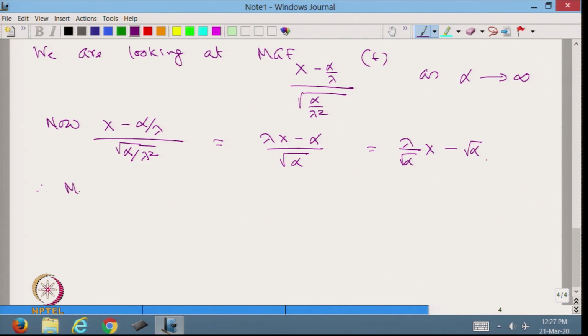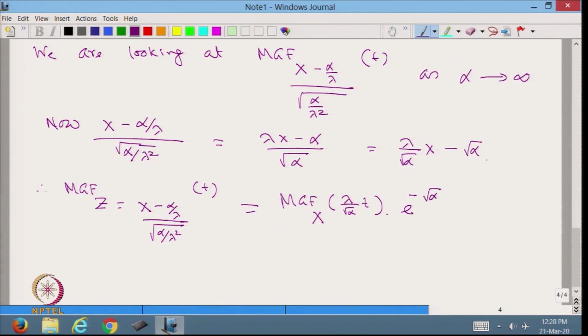Therefore, the MGF of z, which is equal to (x minus alpha over lambda) over root of alpha upon lambda square, at t is equal to the MGF of x at lambda over root alpha t multiplied by e to the power minus root alpha t.